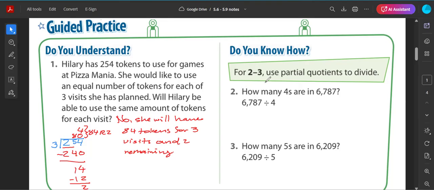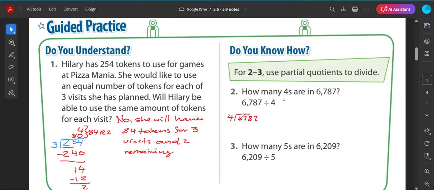For numbers 2 through 3, use partial quotients to divide. How many 4s are in 6,787? And so now, if I write this as my long division, I'm going to go ahead and show it this way. With 4, I have 6, 7, 8, 7.